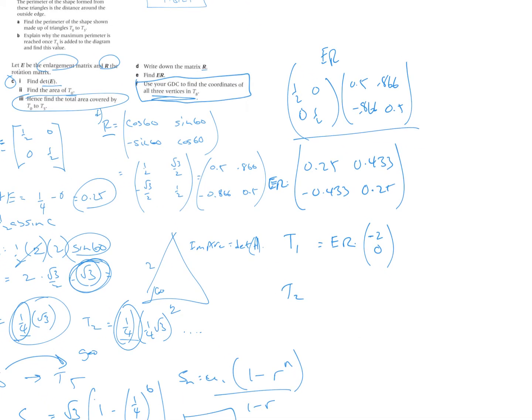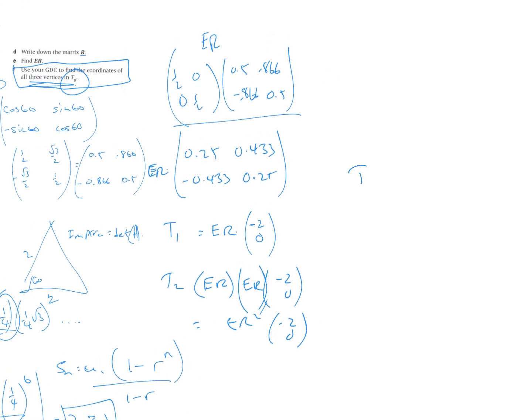To get T2, well, I'm going to take ER times T1. Well, I know that T1 is simply ER times -2, 0. And so it's going to be ER squared times -2, 0. So the question is asking for T8. So if I want T8, I'm simply going to take ER, raise it to the power of 8, times -2, 0.